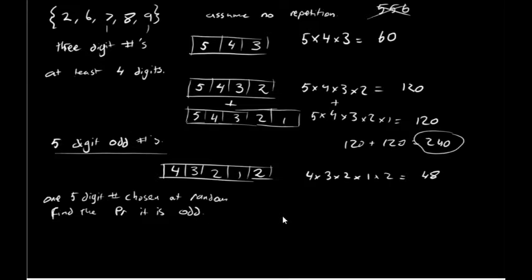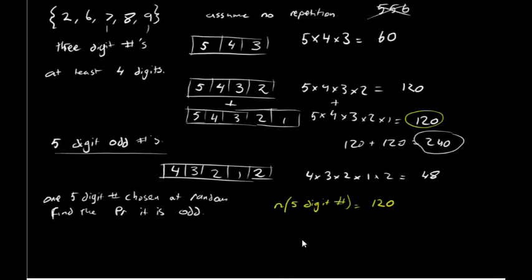Okay, so we're looking at part B, where the number of 5-digit numbers we found was 120. There's 120 different ways I can put a 5-digit number together.